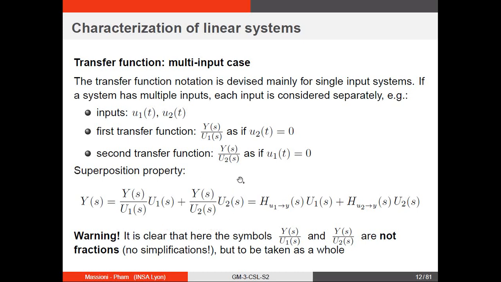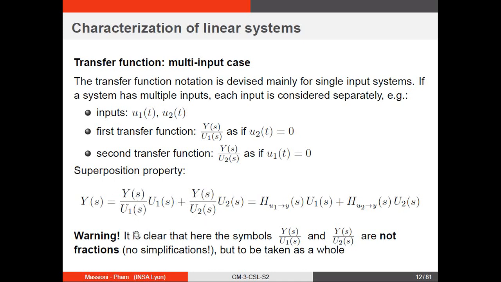Now, please pay attention to this expression over here because it is really a deceiving expression. If you just imagine we could simplify u1 and u2, here you get y equal to y, which doesn't make any sense, of course. And this should warn you that these two fractions are not to be taken as fractions, but are a symbol to be taken as a whole. Basically it is the symbol of the transfer function.